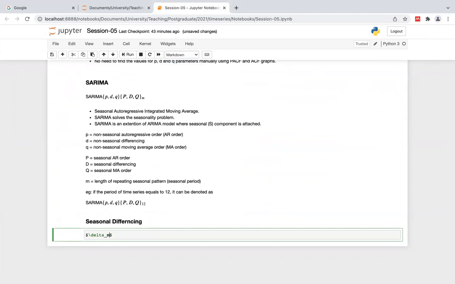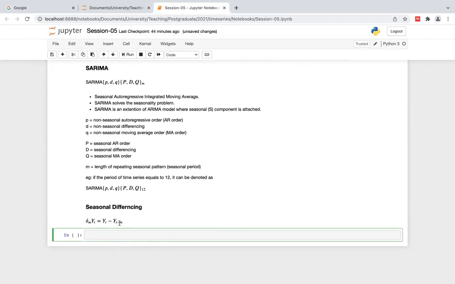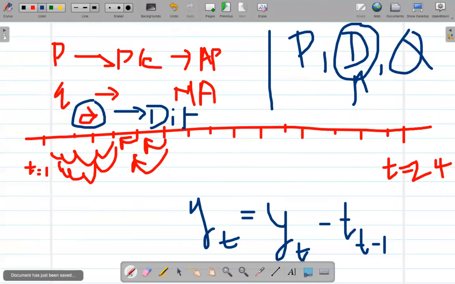Delta M with the seasonal component, right? Then y sub t minus y sub t minus m, which means that rather than considering just the previous timestamp or data point as before, we are considering the seasonal time period.